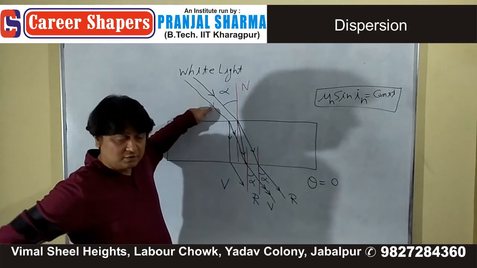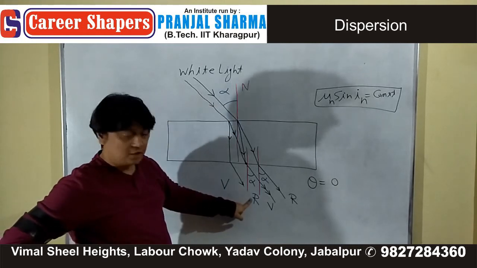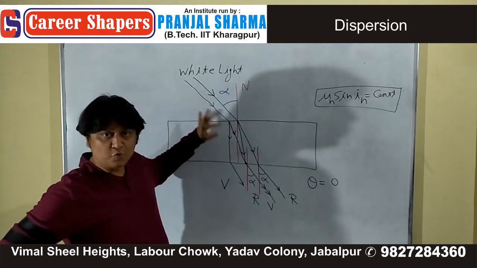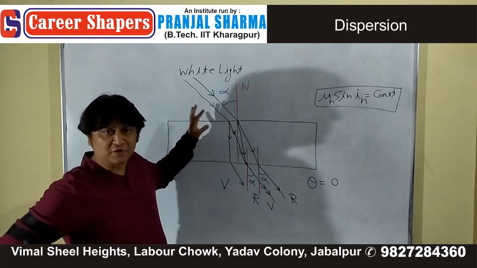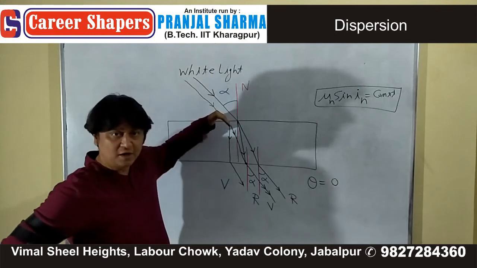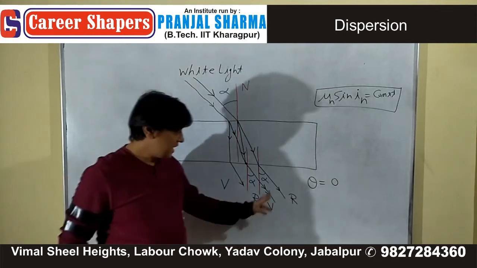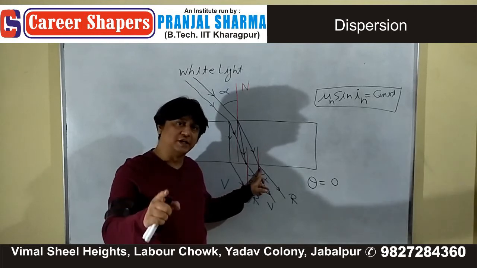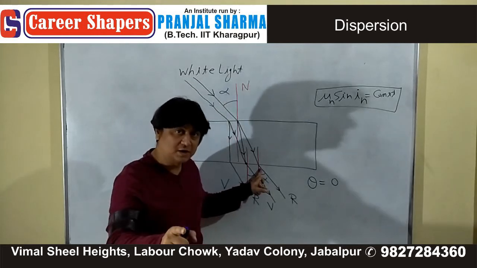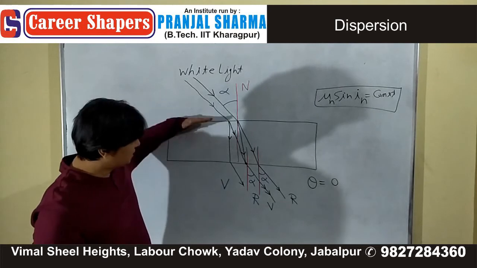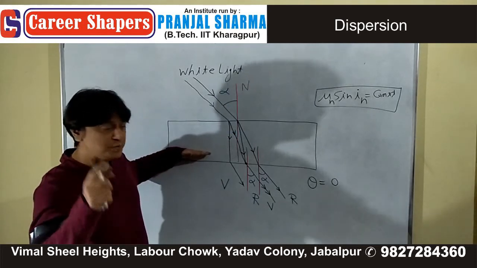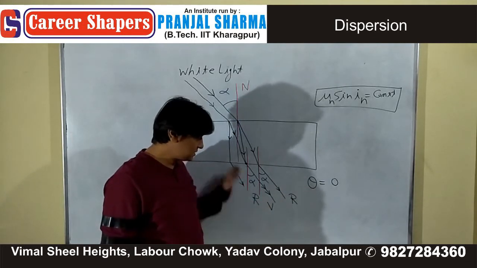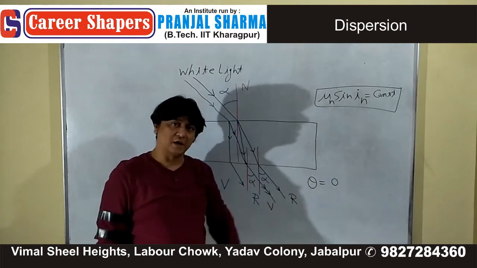Now, for the second one, R coincides with what? Violet. Third one, fourth one, fifth one, there are millions and trillions of these rays coming, and therefore what happens? At every location, you have superposition of all these colors. But since you have parallel faces, which means theta is 0, all the colors as they emerge out, they are parallel.